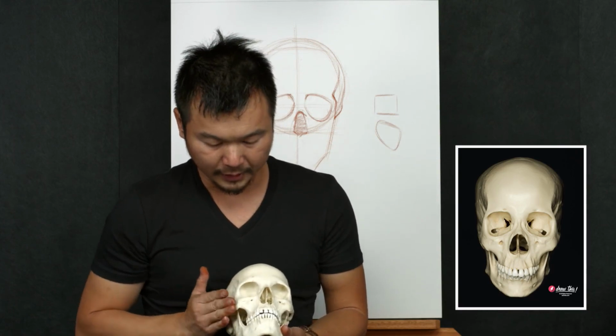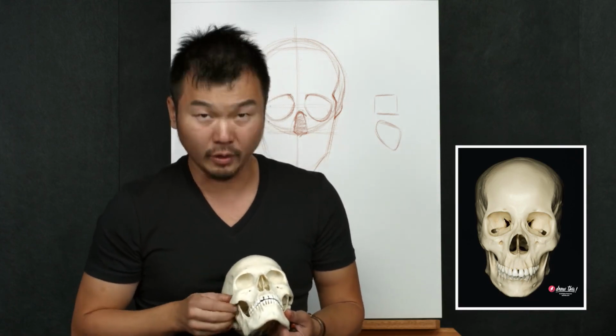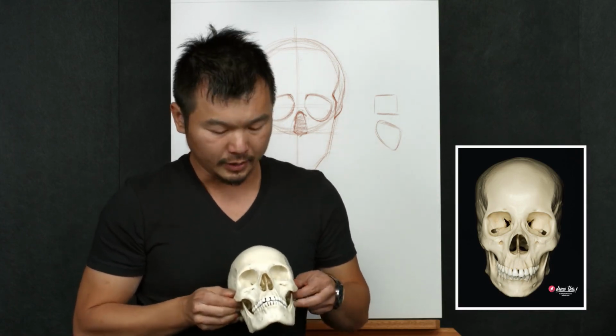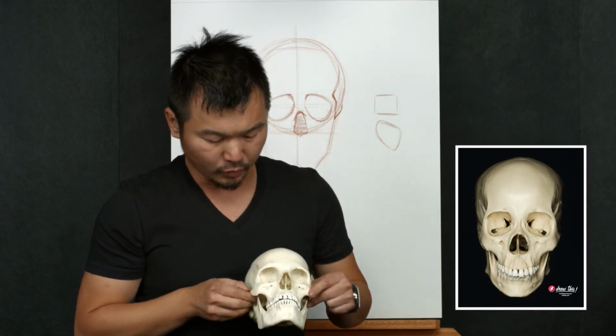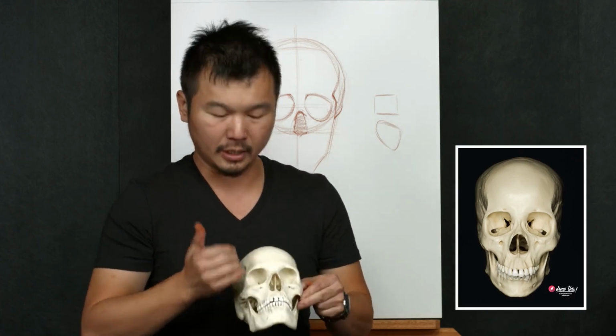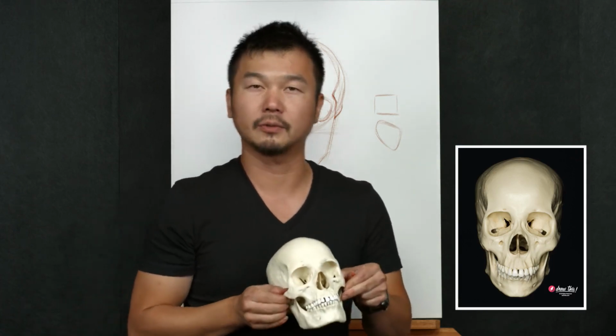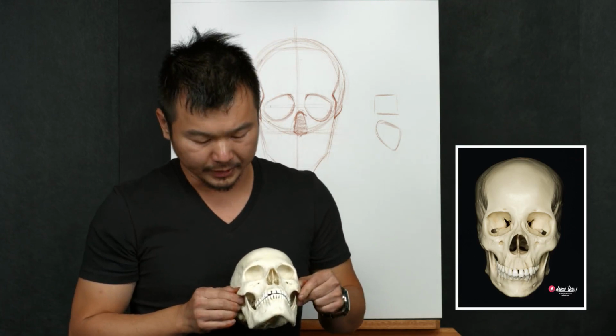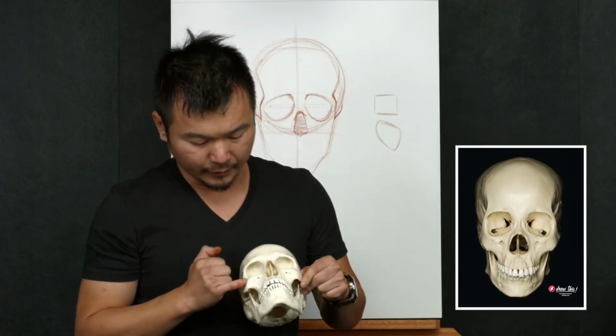When two planes meet, they must have a corner. We always want to know the corner, to know where the planes meet, and also the corner helps us know where the highlight is and where the core shadow begins. So we have to find where that corner is.